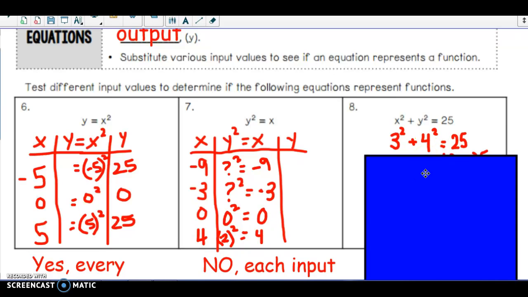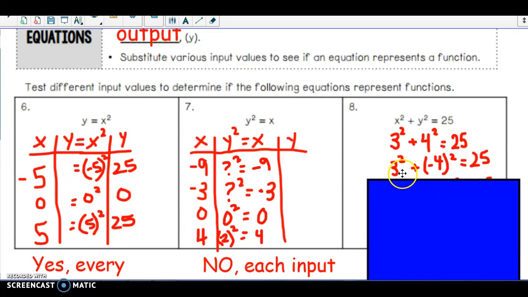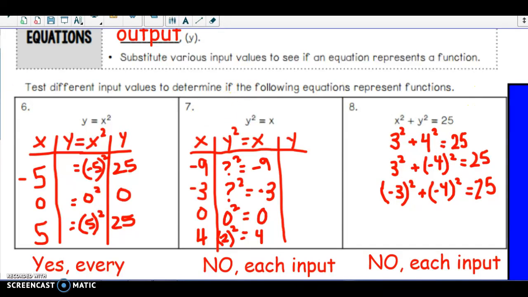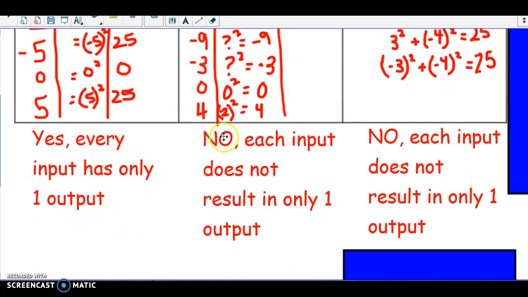Keeping track of how numbers get squared, couldn't we also start with an input of 3 squared, but use an output or y value of -4? -4 is also going to give you the 16 that you need for this equation to be true. So right here is enough information to show that each input does not have exactly one output. So this is an example of something that is not a function also.